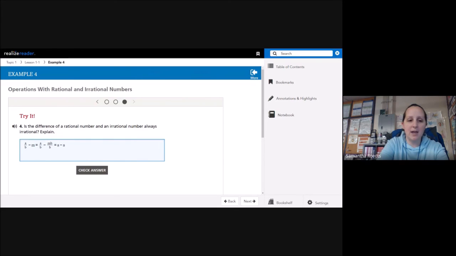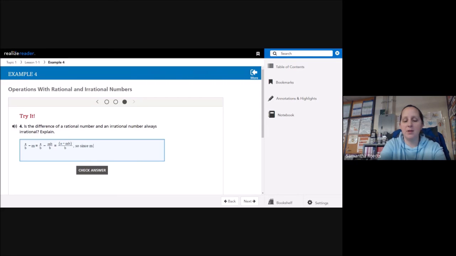So this gives me a minus mb over b. And we already said previously that when I added a rational and an irrational number together, they were an irrational number. So this is already an irrational number to begin with.